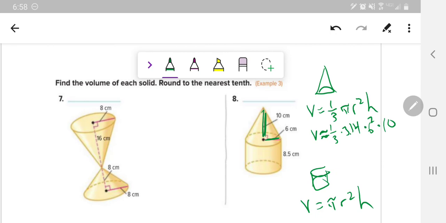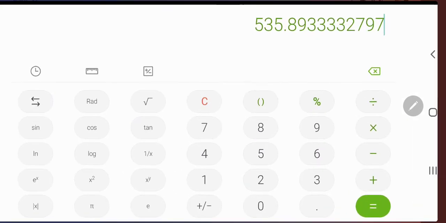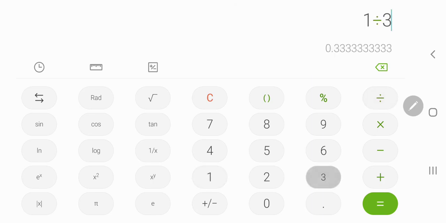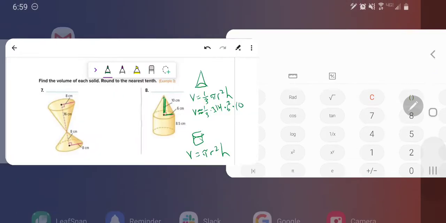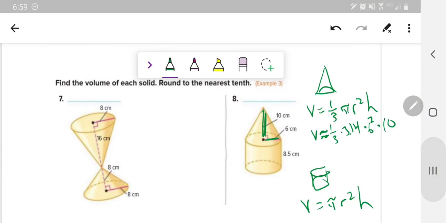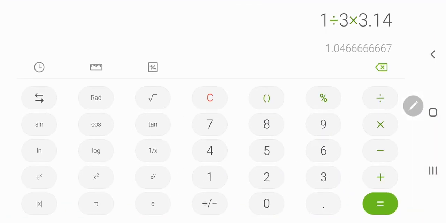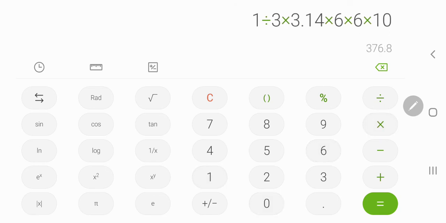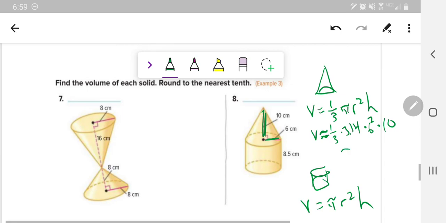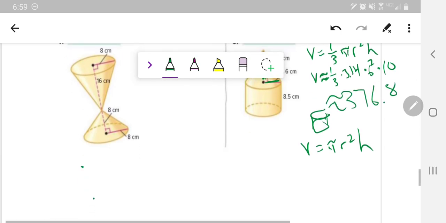All right, calculator time. 1/3 times 3.14. What do I have there again? 6 squared and 10. So times 6 times 6 times 10, and we get 376.8. 376.8 is the approximate volume of that top one.